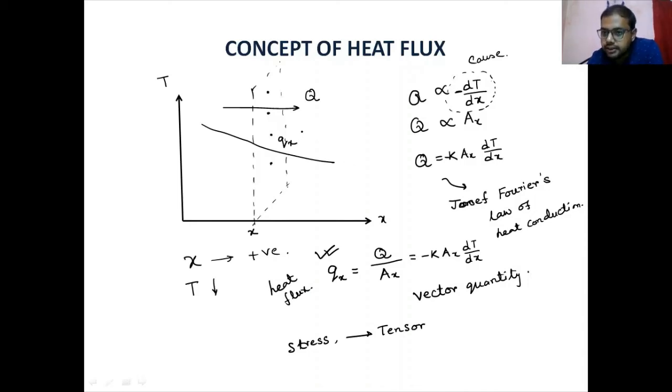It may be constant, it may not be constant, because it may vary with the y direction and the z direction. It may vary over the cross-sectional area as y and z change. So qx may be constant or may not.